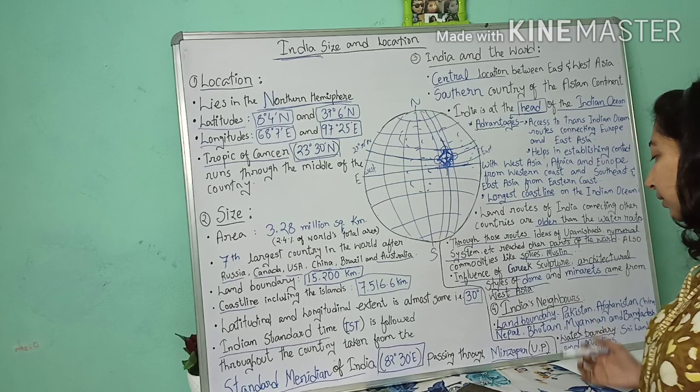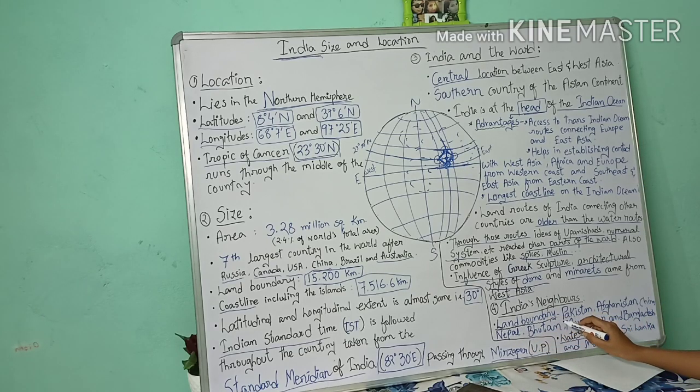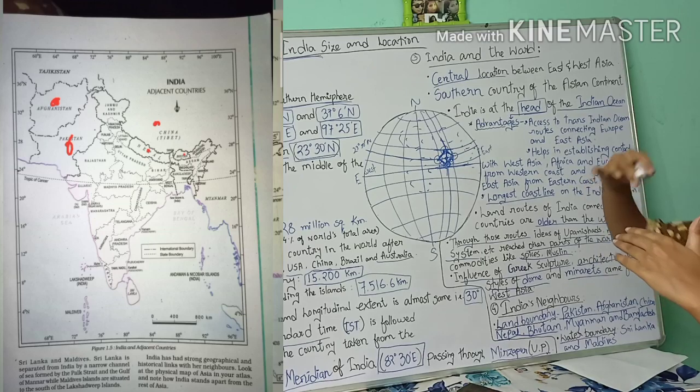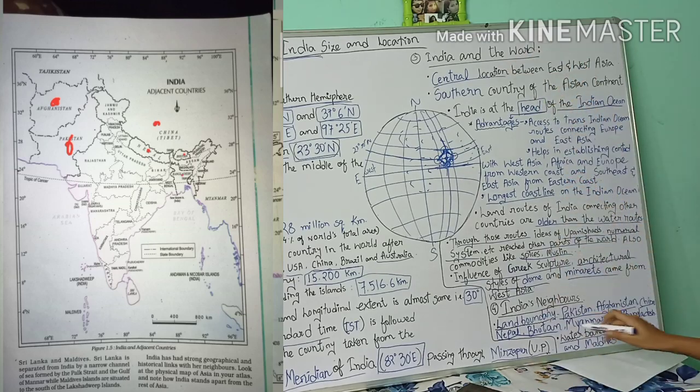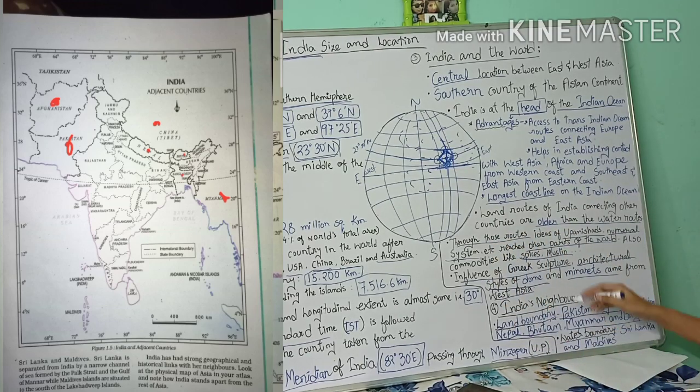Our country has land boundaries with these countries: Pakistan and Afghanistan on the northwestern side, China, that is the Tibet part of China, Nepal and Bhutan almost on the northern and northeastern side, and Myanmar and Bangladesh to the extreme east side. Okay, so these are the countries on the upper side.